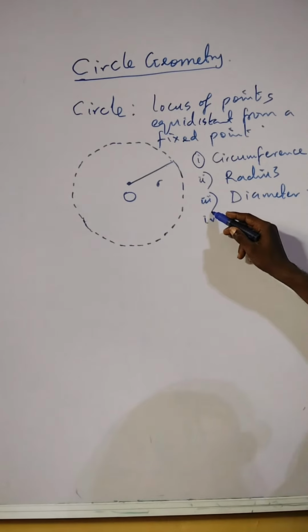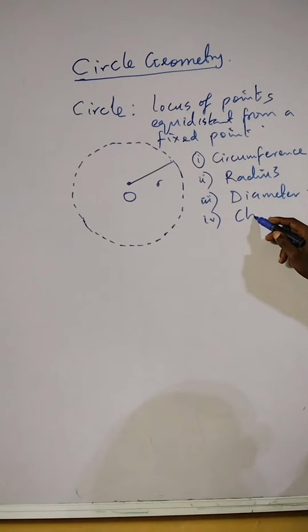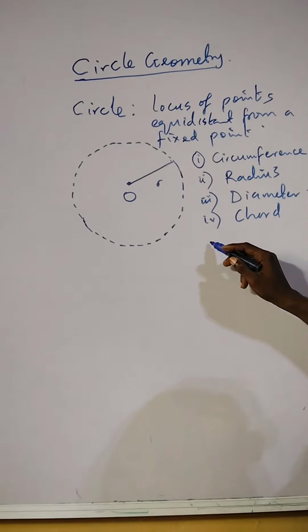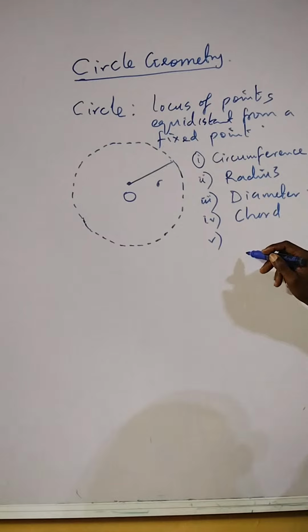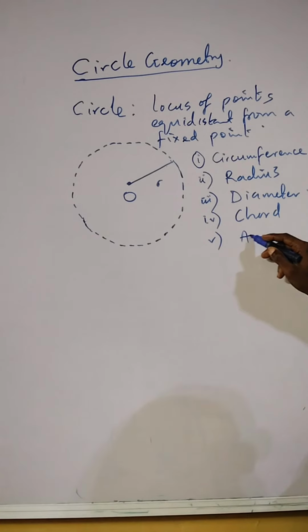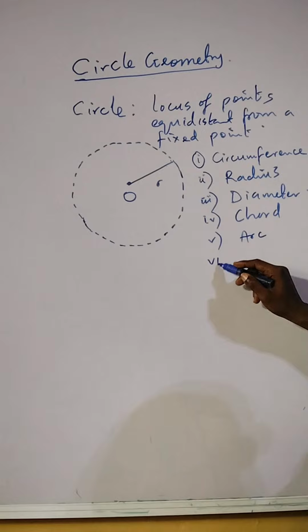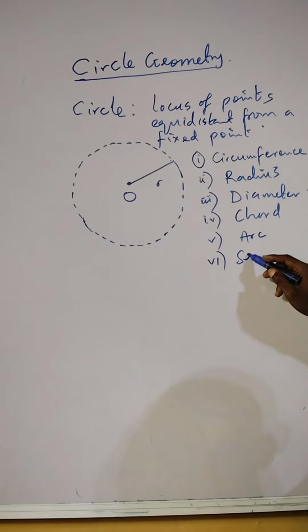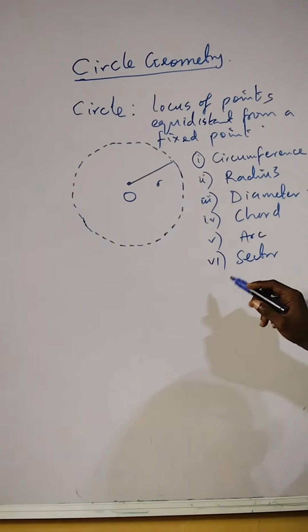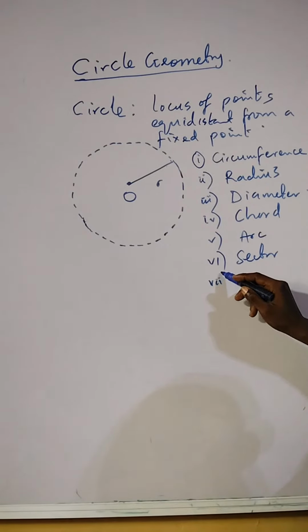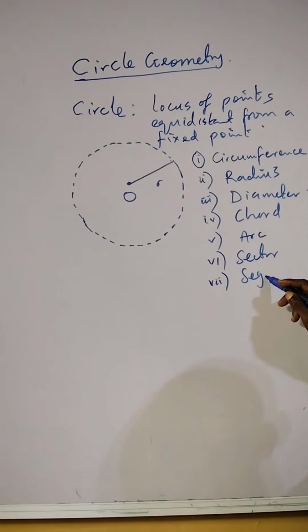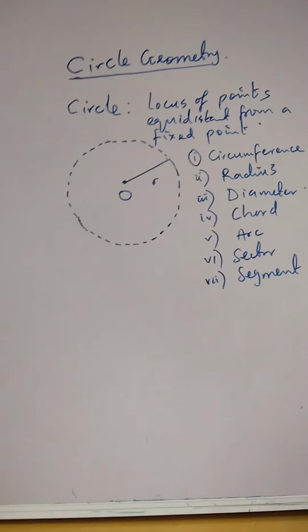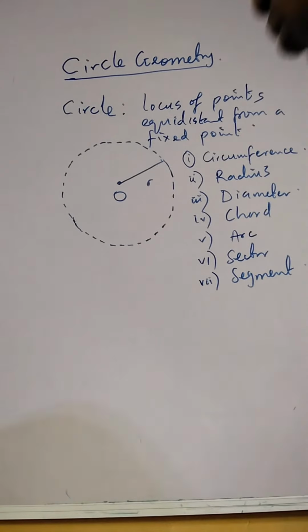We have chord. We have arc. We have sector. We have segments. So these are parts of the circle you need to be familiar with. Then let's look at these parts of the circle one after the other.